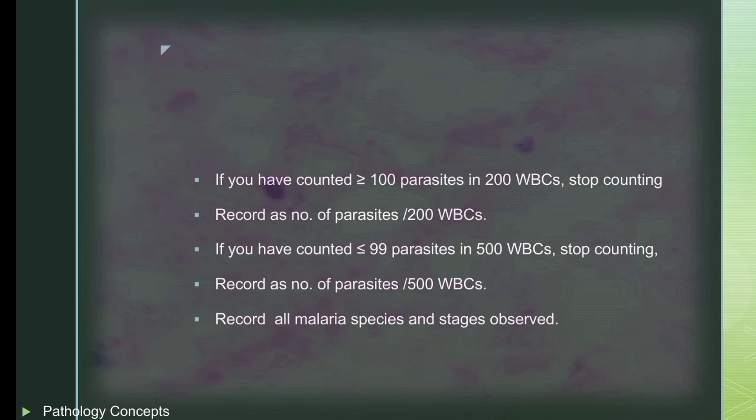If you have counted less than 99 parasites in 500 WBCs, stop counting and record the result as the number of parasites per 500 WBCs. Record all malaria species and the stages observed.